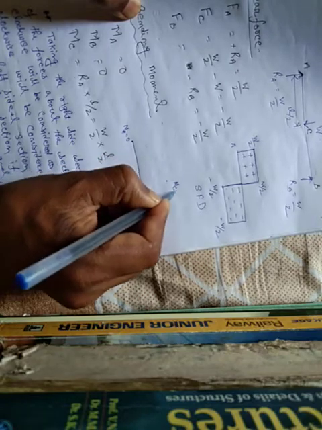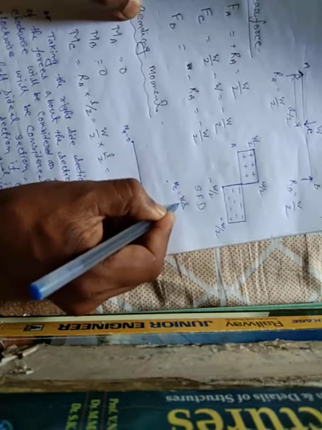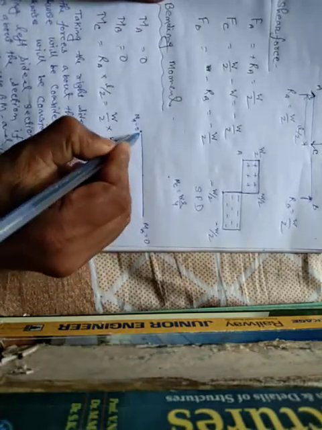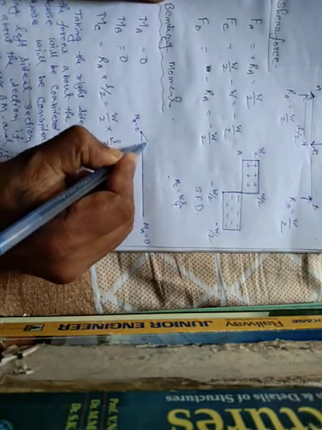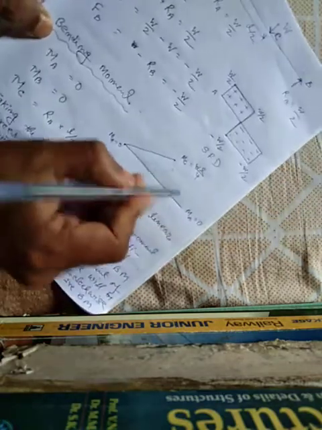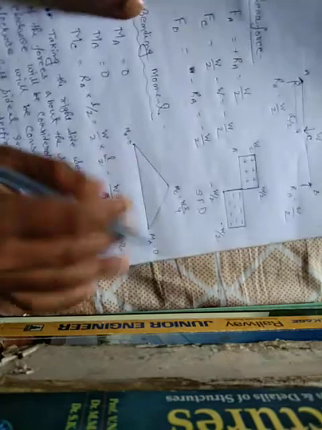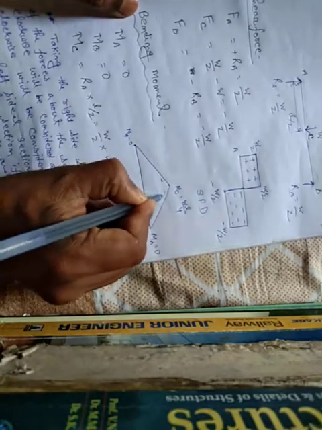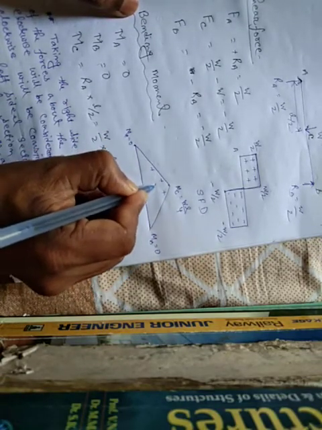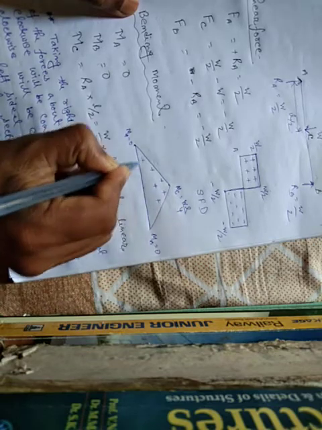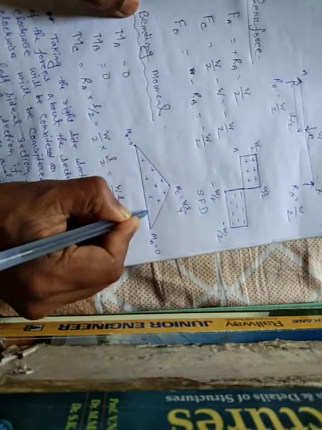This is a linear equation, both sides linear. That means the shape of the bending moment diagram is a triangle shape. This is a positive bending moment. I hope you understand.